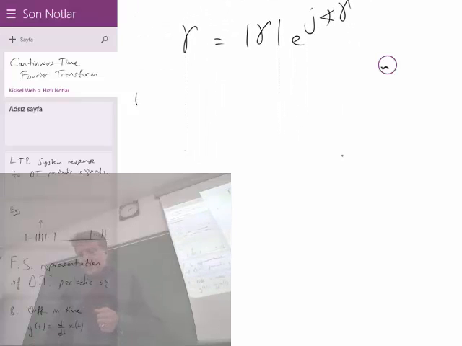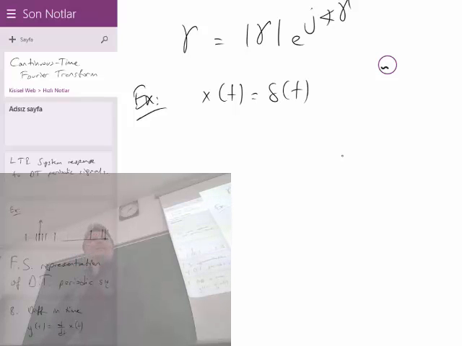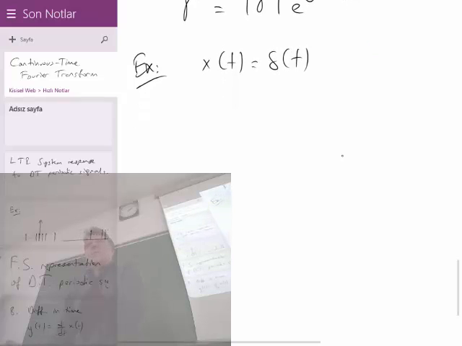Let's see another time signal and try to find its Fourier transform. That time signal is quite a simple one, an impulse. What is the frequency counterpart of this? What's the Fourier transform of an impulse?